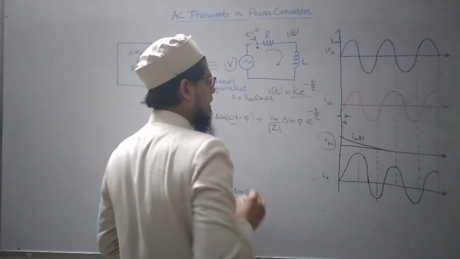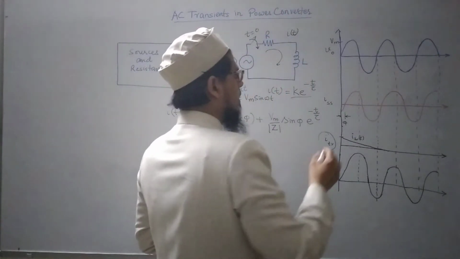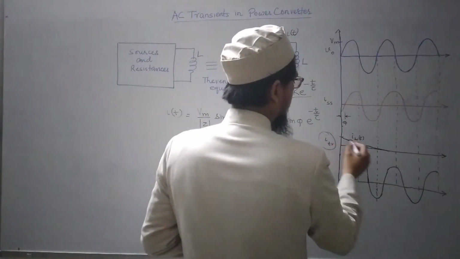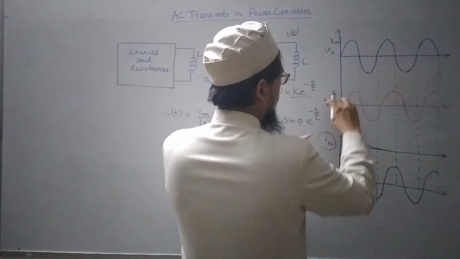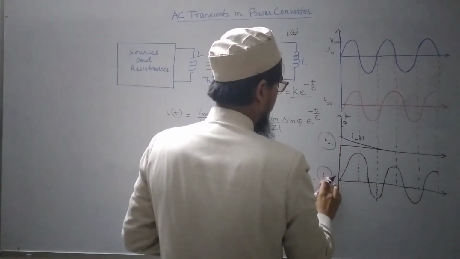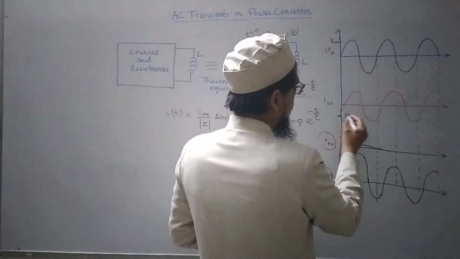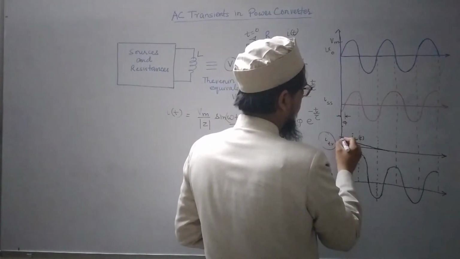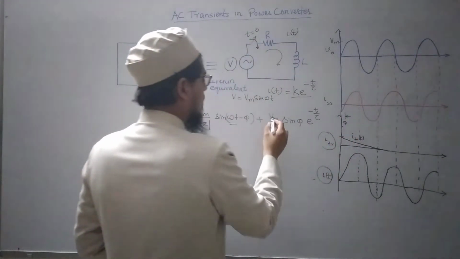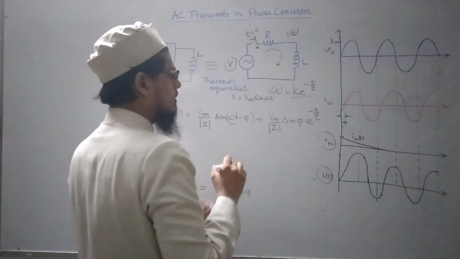So current is lagging the voltage because of the presence of this inductor L, and this is the transient current. If I add these two, I will get the current IT here. So adding these two, what is this value? This value is Vm by Z sine phi.